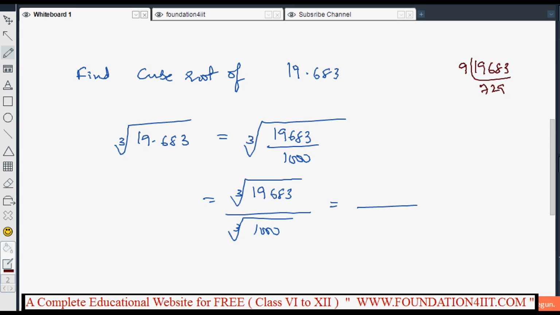729, again 9 table, 27, 9 8, 81, again 9 9. So instead, okay, I'll follow the 3 table only instead of confusing. 19,683.